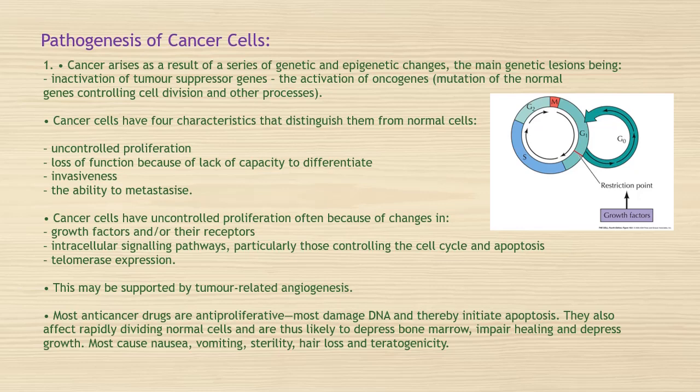So you have a cell stimulated to divide by the growth factors, which starts at the G1 phase, and this is carried forward to the synthetic phase by the CDKs, cyclin dependent kinases.